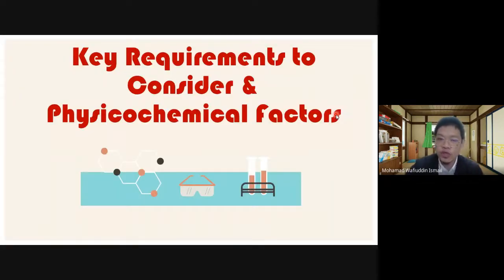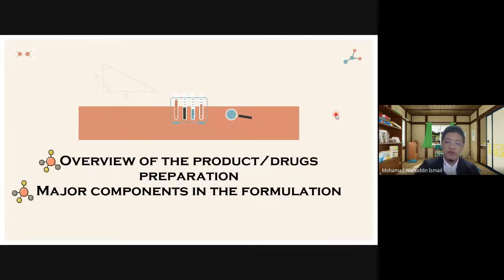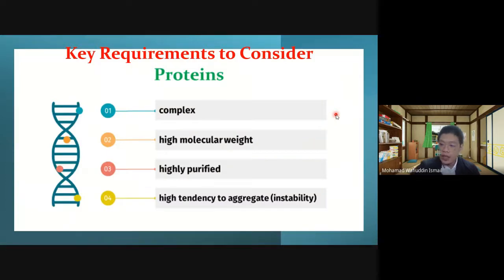Next, we look at the key requirements to consider and physicochemical factors. First, an overview of the products, drug preparation, and major components in the formulation. A little bit of background on proteins: proteins are complex compounds with high molecular weight. So protein cannot be delivered via transdermal because of its high molecular weight and high purity, and it has a high tendency to aggregate.